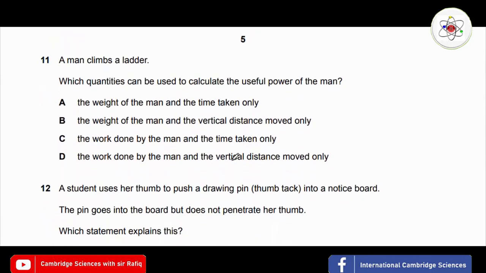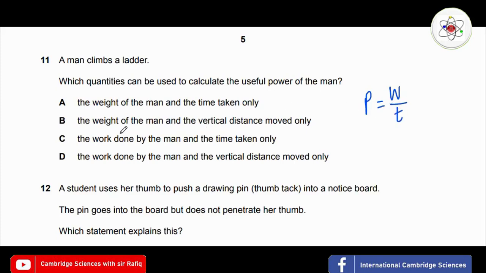A man climbs a ladder. Which quantities can be used to calculate the useful power of the man? So it's an easy question. We know that power is equal to work done divided by the time taken, right?